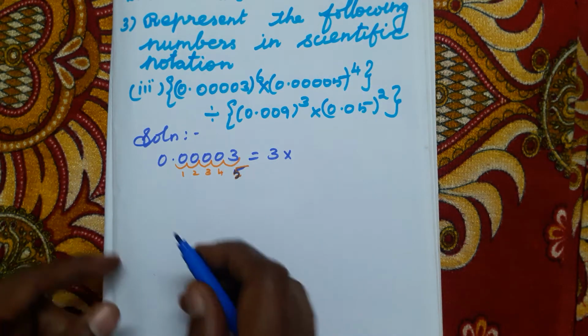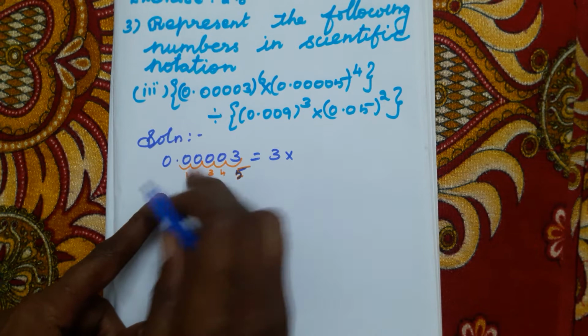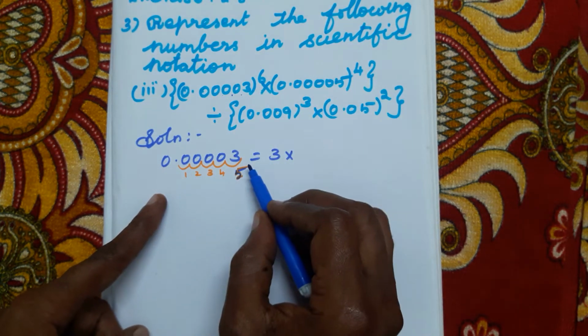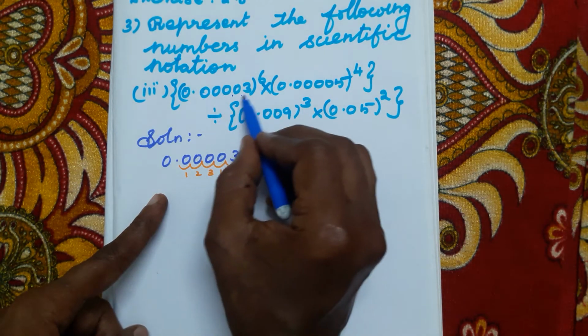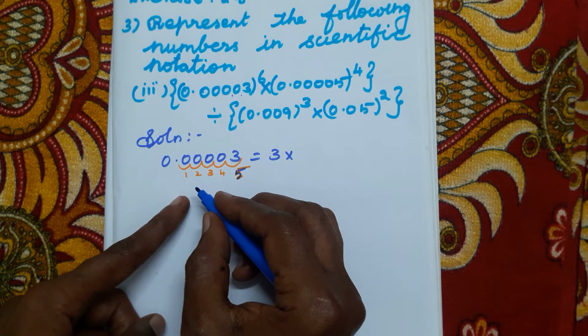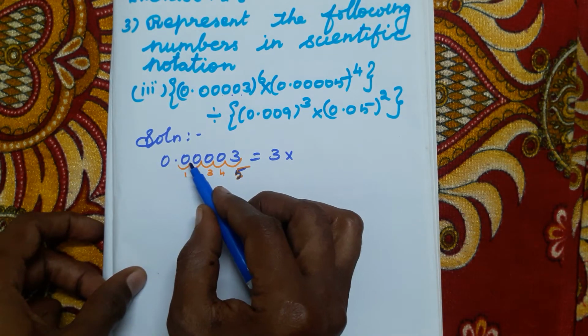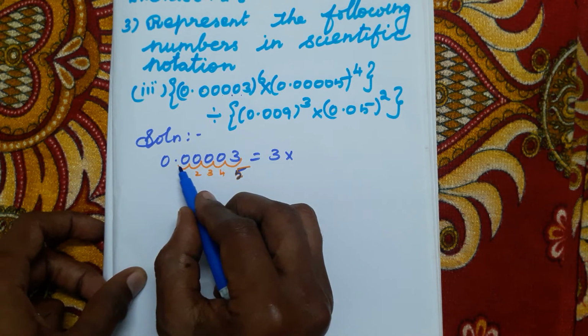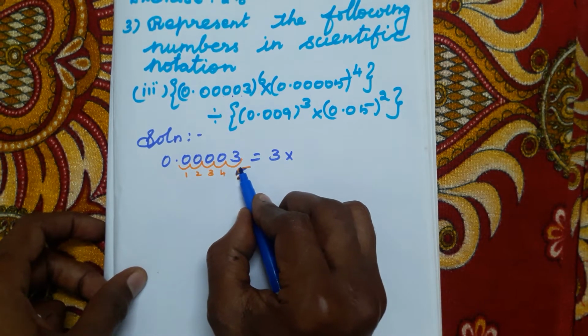First number I am taking: 0.00003 the whole power 6. Without the power I am taking this number. After the decimal point, how many digits are there? 5 digits are there.